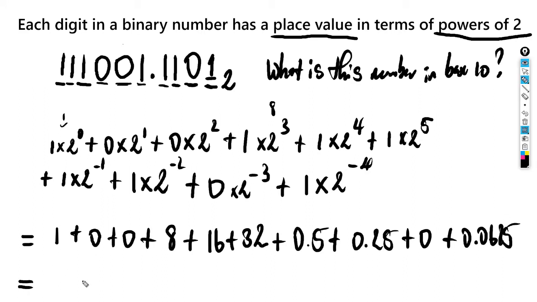So when we add all of these in base 10, the answer should be 57.8125 in base 10. So that's how you convert from binary to decimal with the decimal point.